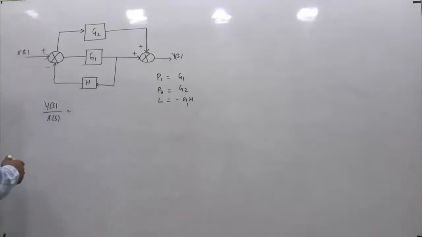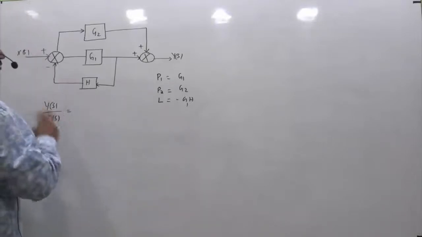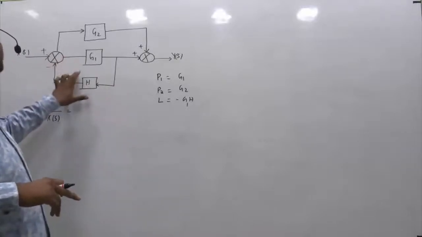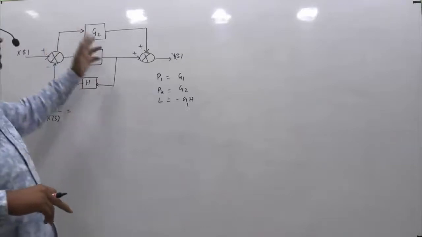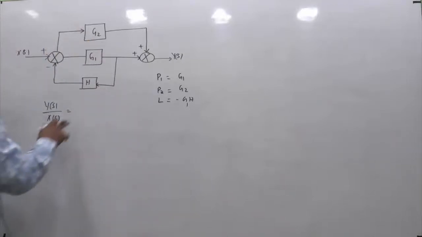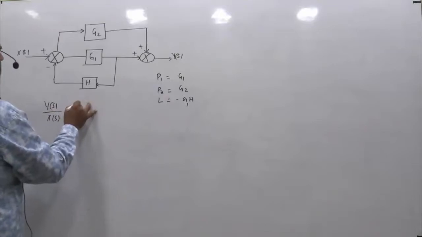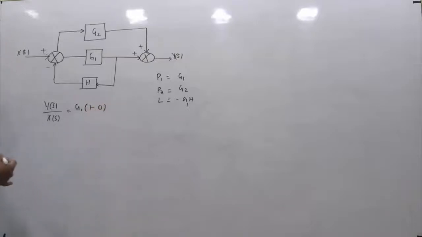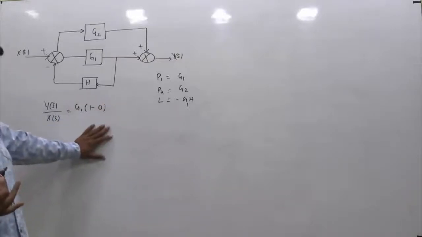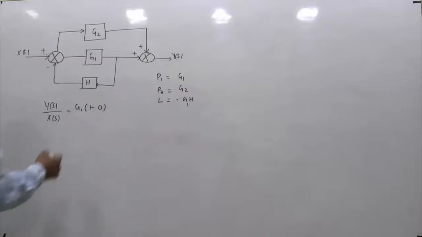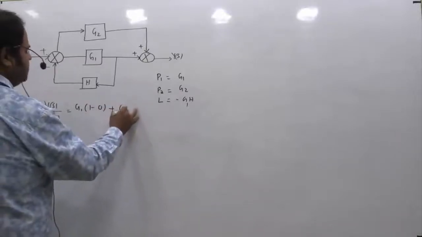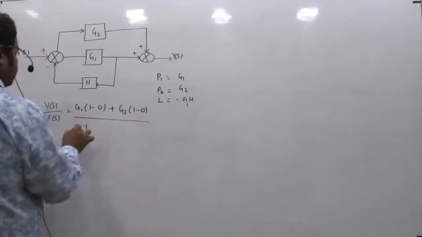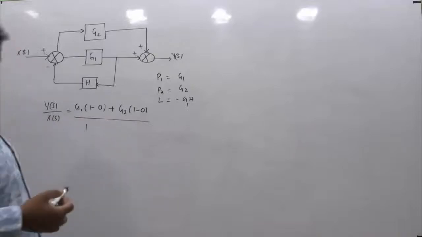You can see this loop is related to paths P1 and P2. In other words, this loop is touching paths P1 and P2. So for path P1, it is G1 into (1 minus 0), because there is nothing non-touching. Plus G2 into (1 minus 0), divided by 1, then the opposite sign of the loop gain.